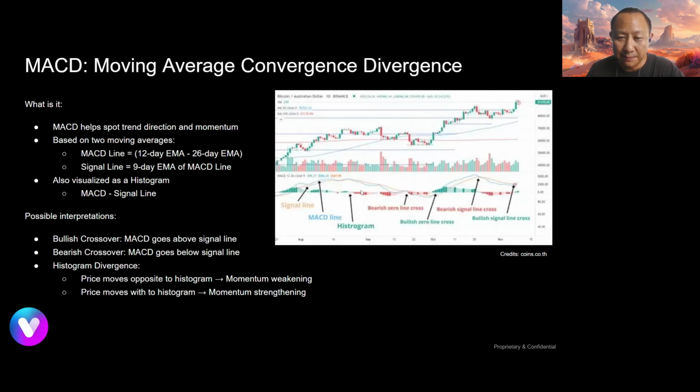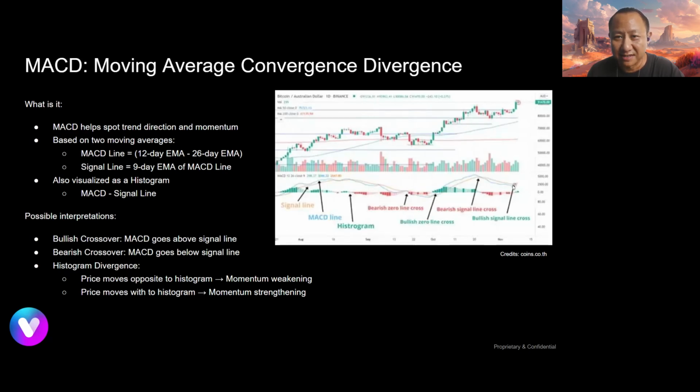And there are some possible interpretations that the MACD will provide us. First of all is when the two lines cross. Right. So if the MACD line goes above the signal line, all right, here is a good example. The blue line, the MACD line, going above the signal line, the yellow line, that's a cross, and that is a bullish signal.